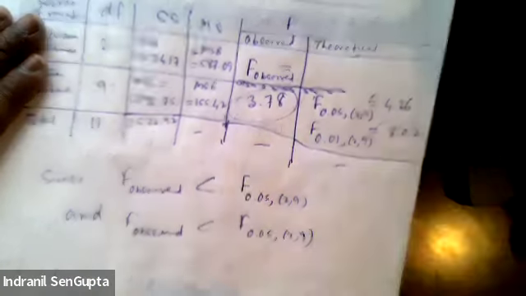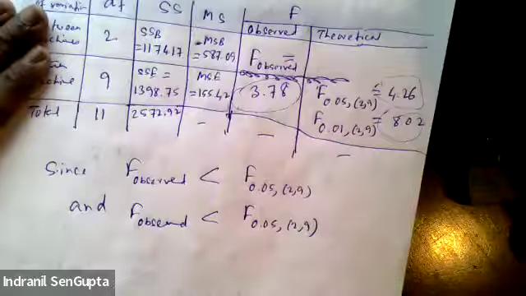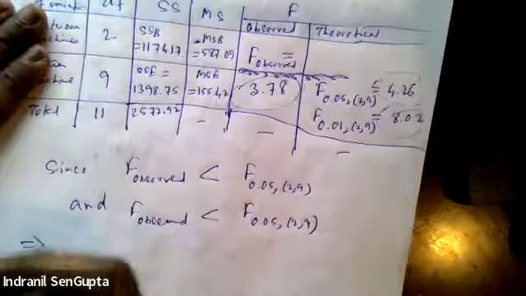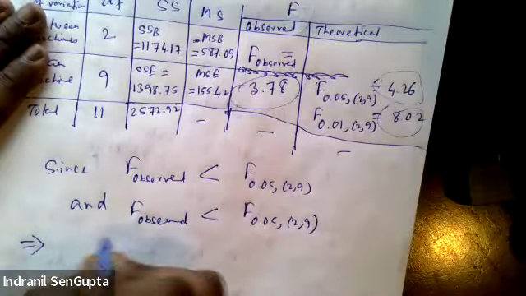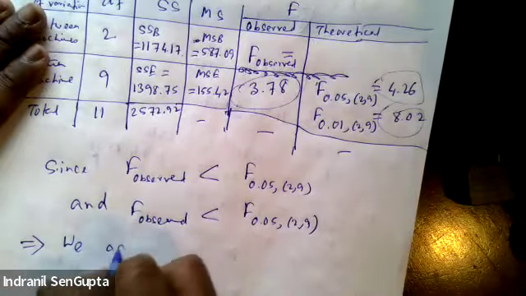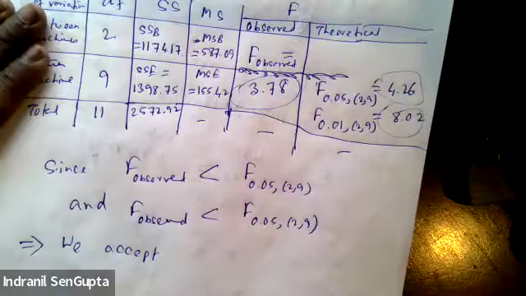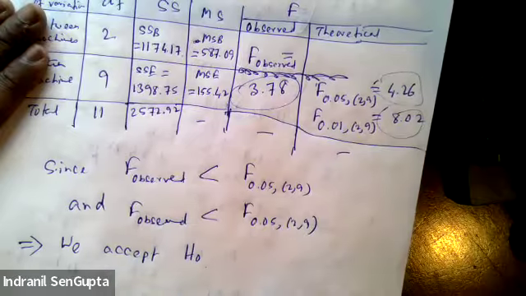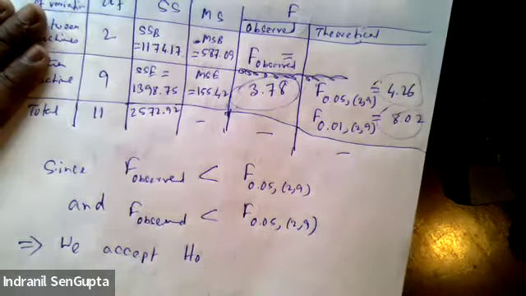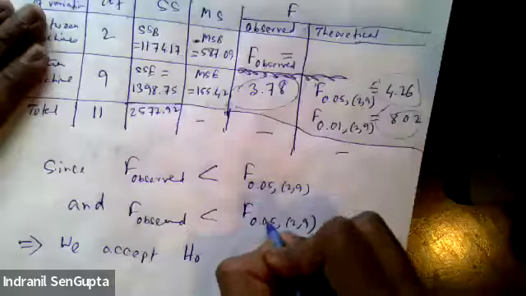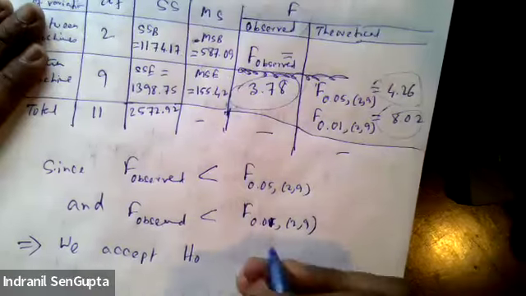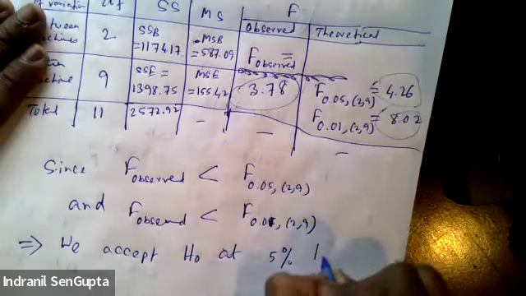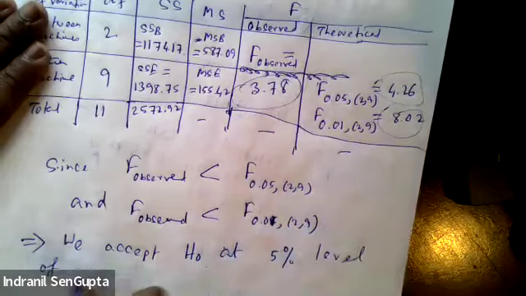This is also true, of course. So that means we accept H0 with 5% level of significance.